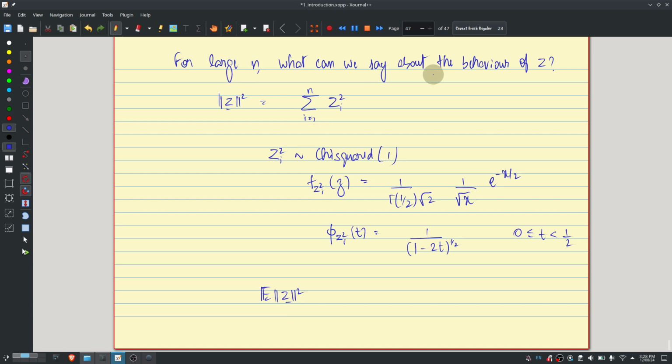So again, to simplify, let's assume that each zi has variance equal to 1. That will just simplify calculations. But what is the expected 2 norm square?